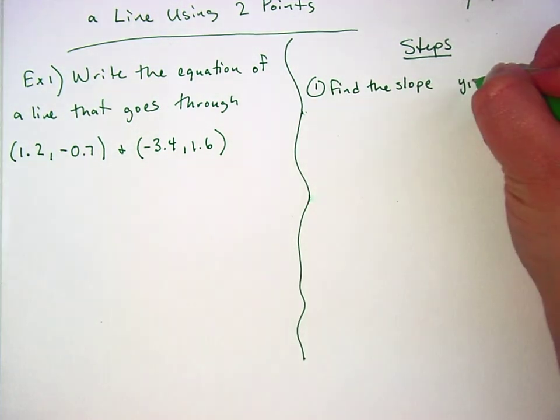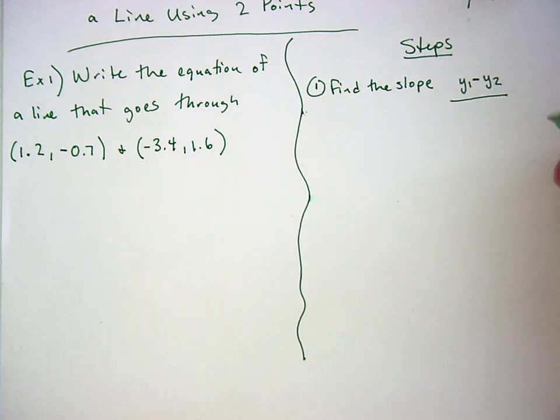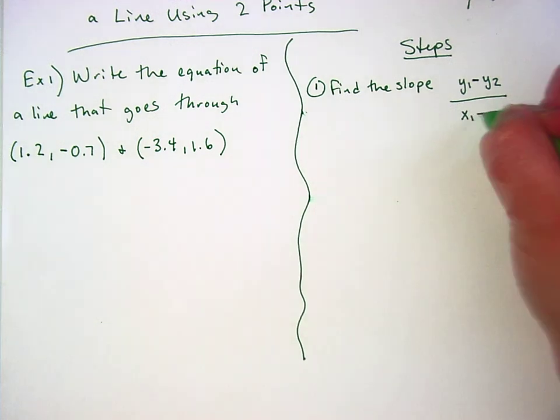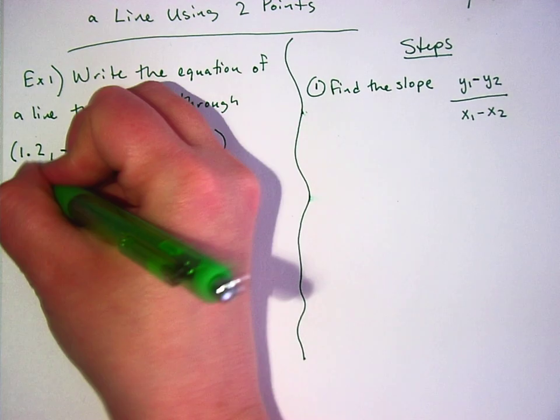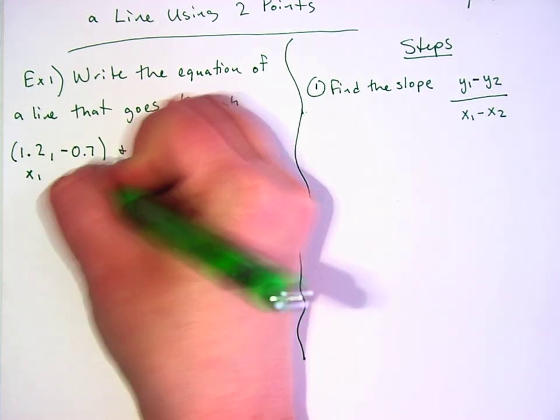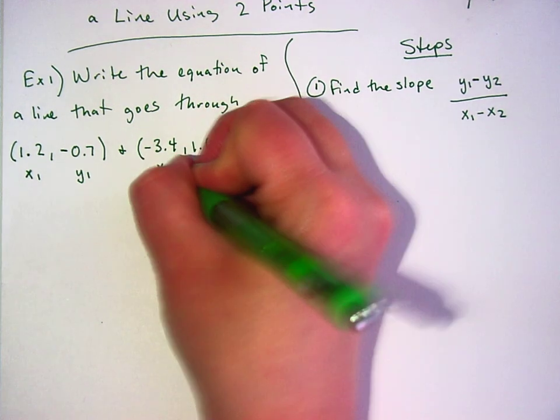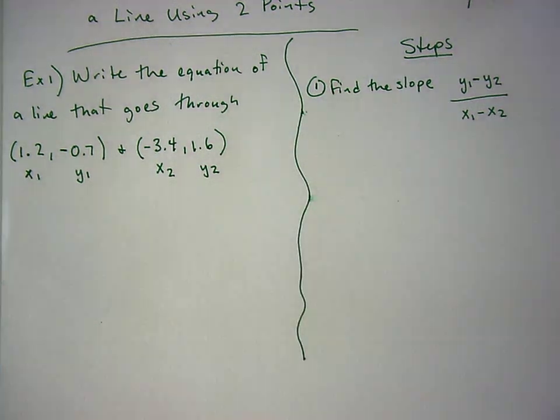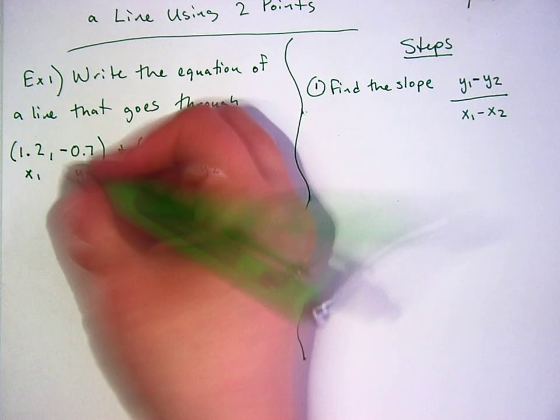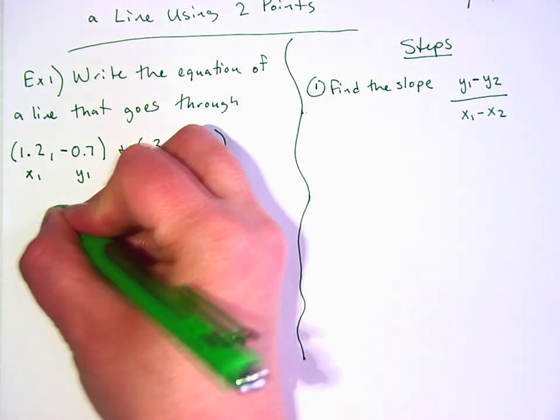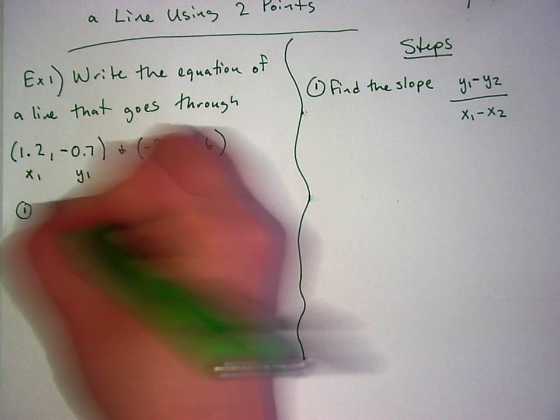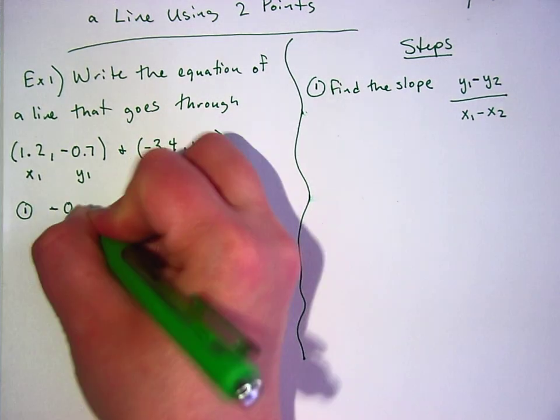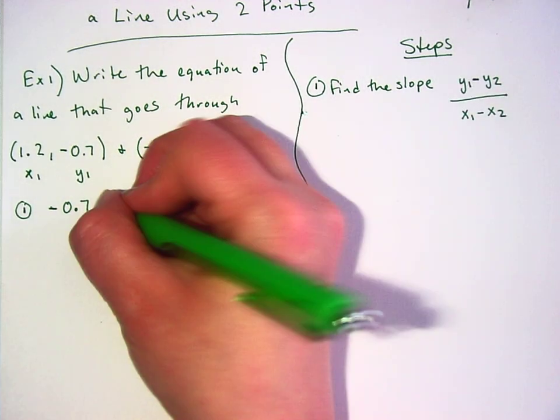y1 minus y2 over x1 minus x2. I'm going to call this one x1, this one y1, this one x2, and this one y2. Okay, so I'm going to start with y1. That would be, this is step 1, negative 0.7. If you don't have a calculator, go get one.